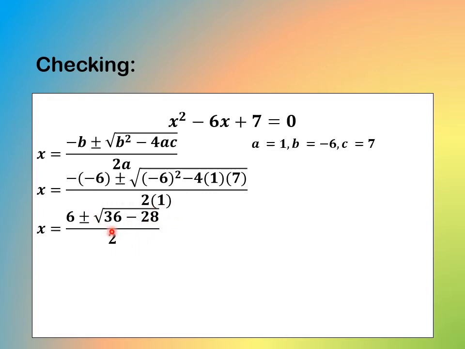Next, solve natin nasa loob ng radical sign. So, 6 plus minus the square root of 36 minus 28, that is equal to 8 over 2. Since that 8 is not a perfect square, pero pwede natin siyang masimplify. So, ano ba yung factor ni 8 nang isa doon ay perfect square?